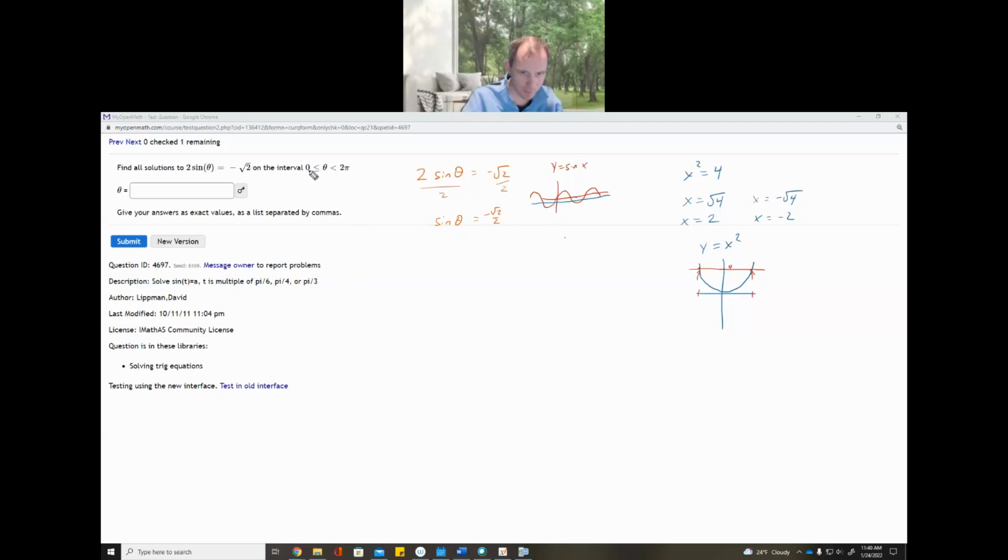Now, this says solve it on the interval 0 to 2 pi. That's going to be 1 period. So I can see I have 2 different points that I hit there. So I know I'm going to get 2 solutions in the 0 to 2 pi domain. If I allow my domain to be all numbers, then I get infinitely many solutions. I want to make sure that I can find them all.